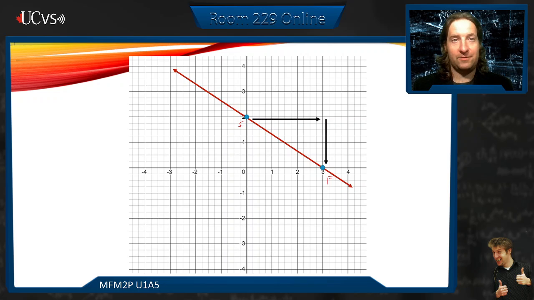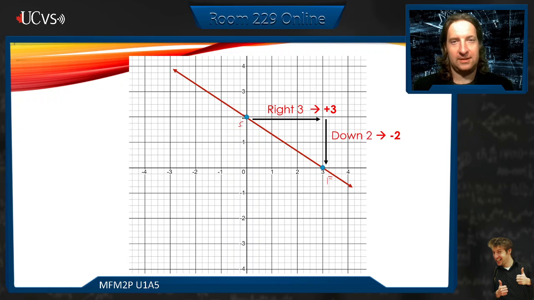I would first have to go over some units and then down some units, right? So I can't walk in a diagonal. I have to go to the right and then down. And I can say that I have to go right 3. So that's in the positive direction, 3 units. And then I go down 2, or negative 2, or I go in the negative direction in the y direction of 2 units.